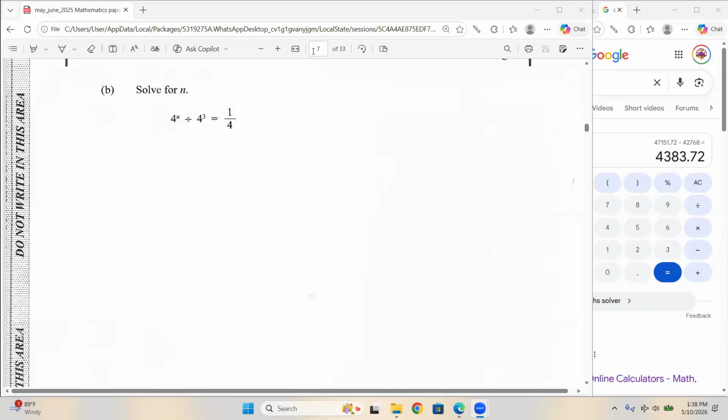Before I even start solving for n, I want to write this fraction in the same form as these indices. So change the fractions into indices, right?